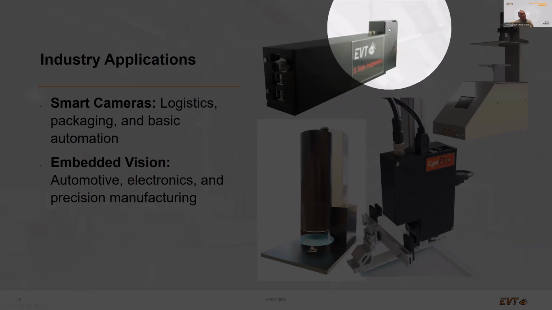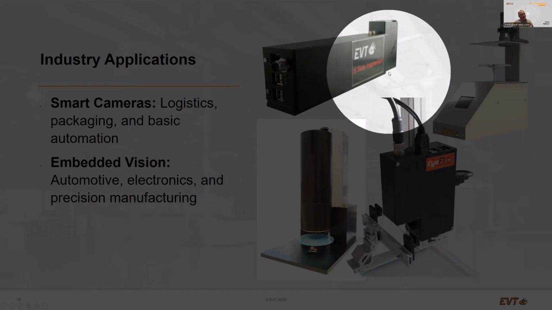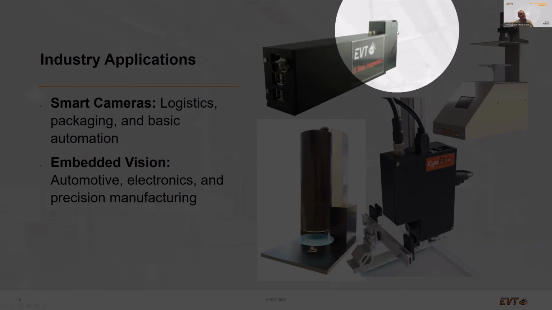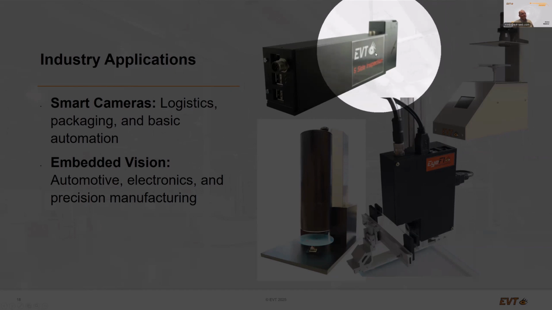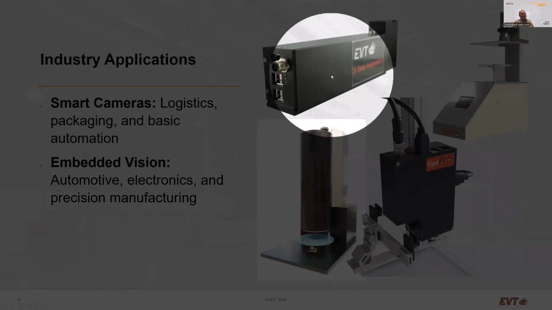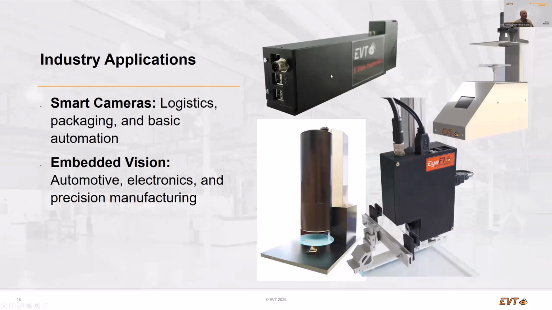Here on the front side, we have a mirror with a light on the bottom side to have a front light situation, and we have some side lights here. So at the end, is this a smart camera or an embedded system? Of course, it's a standard embedded board inside with a MIPI camera.